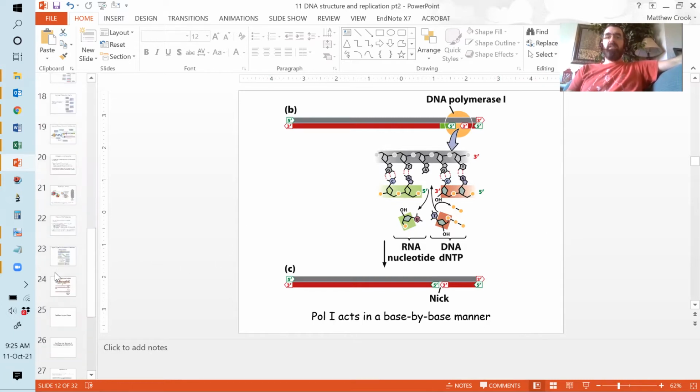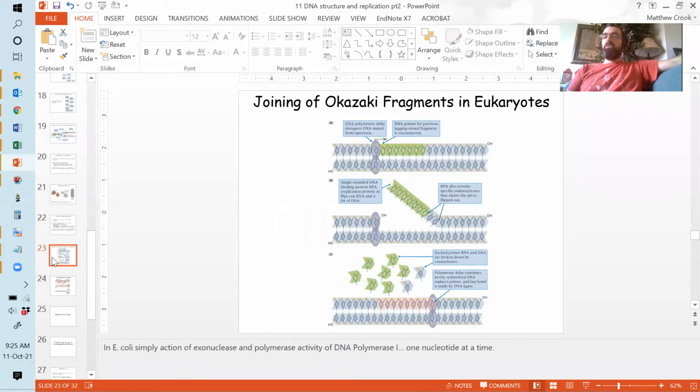In eukaryotes, it's quite different. Here, essentially DNA pol delta, which is doing the lagging strand, keeps going until it butts up against the beginning of the RNA primer for the previous Okazaki fragment that was made.